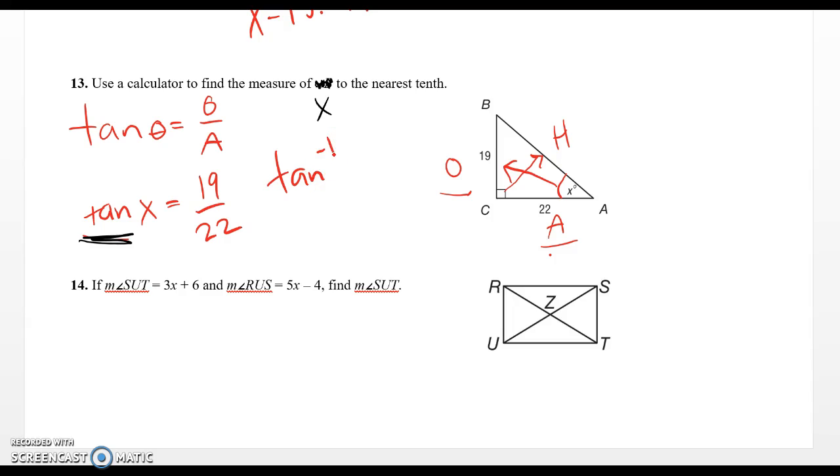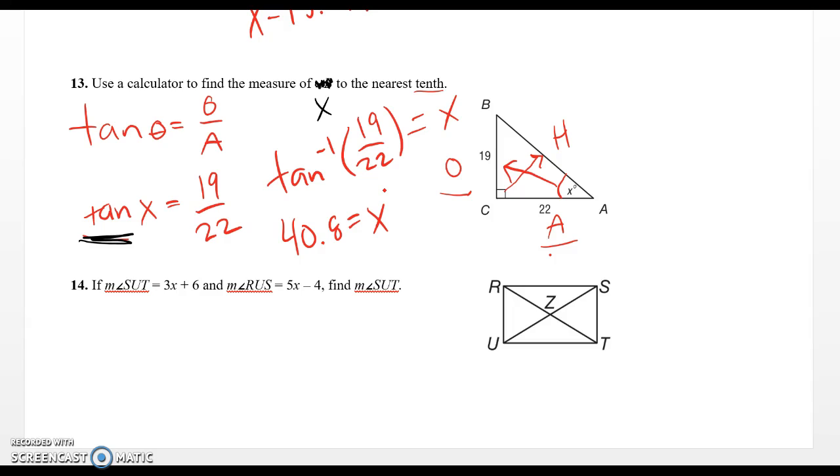That means tan inverse. So that's how you undo that tan to get x by itself. Then it'll open parentheses for you, and you just put in your fraction, or your ratio, 19 over 22. That'll be equal to x. As long as you're in degrees, you should have no problem getting the answer. Remember it said to the tenth, so 40.8 equals x.